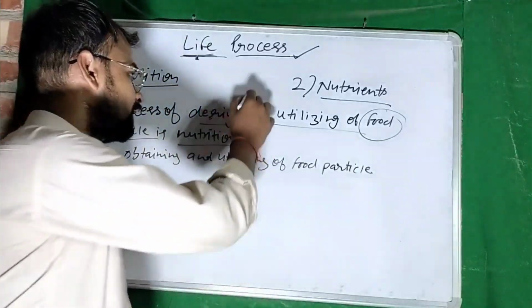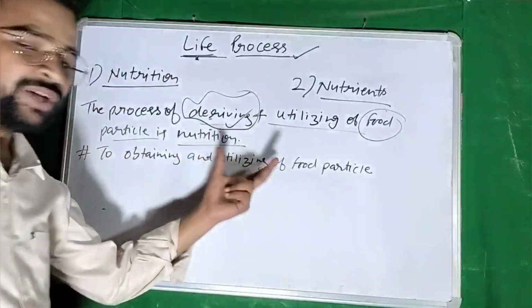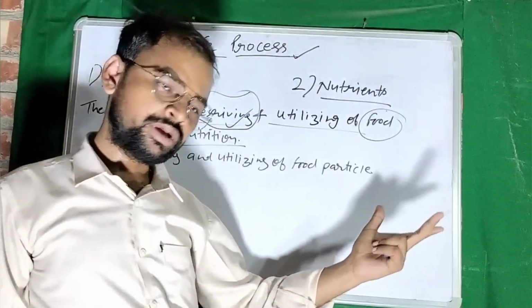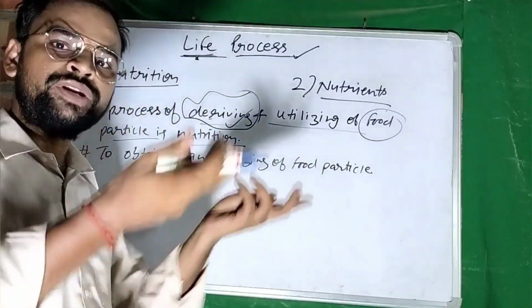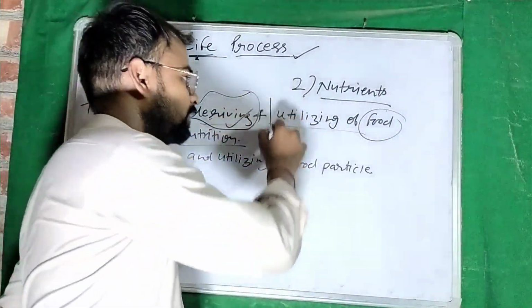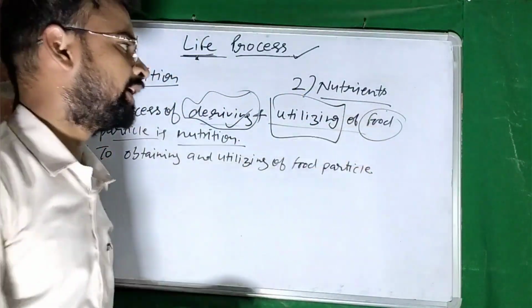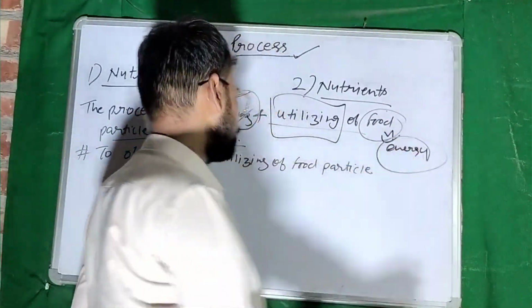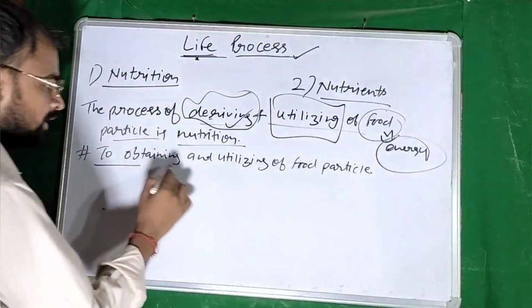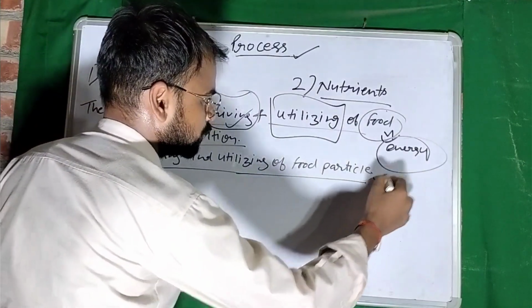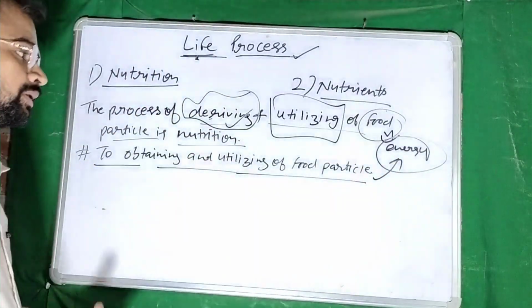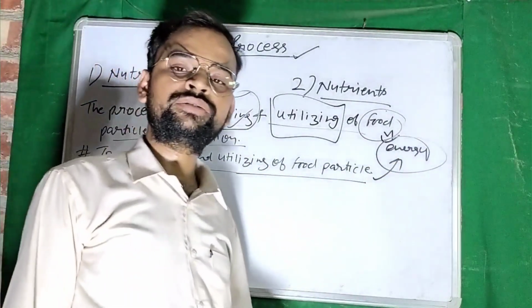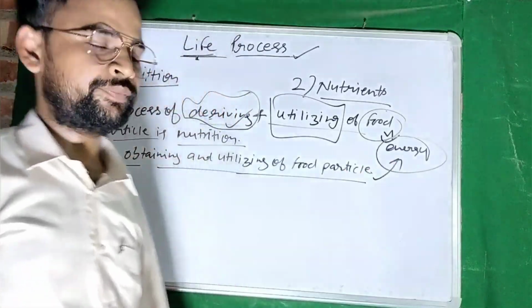First of all, you are obtaining the food particles from a source. After that, when you eat, the food goes inside your body and your body utilizes the food particles to get energy. If there is no energy, our body will not perform properly.